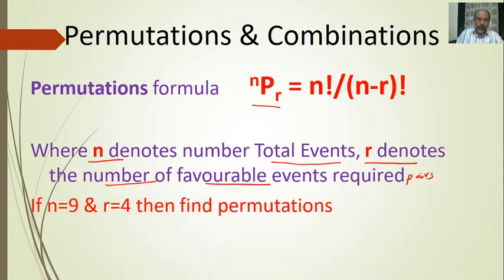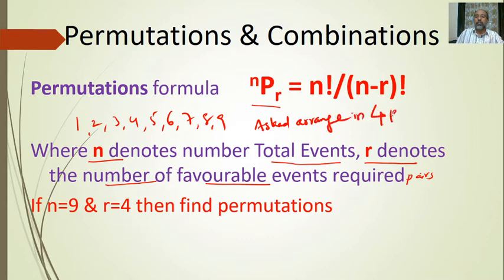In the above example, 9 numbers are given, 1, 2, 3, 4, 5, 6, 7, 8, 9, and we are asked to arrange 4 sets of pairs. If n is equal to 9 and r is equal to 4, then find the permutations according to this formula.